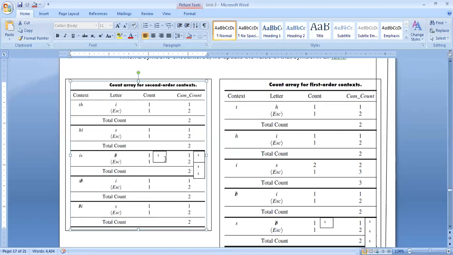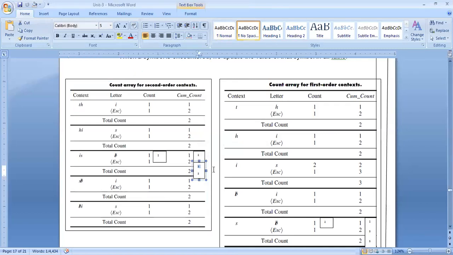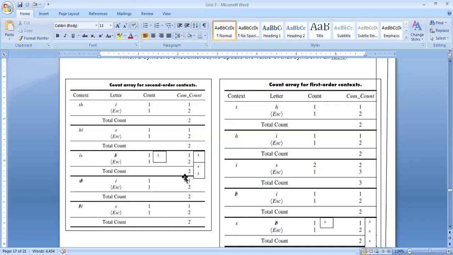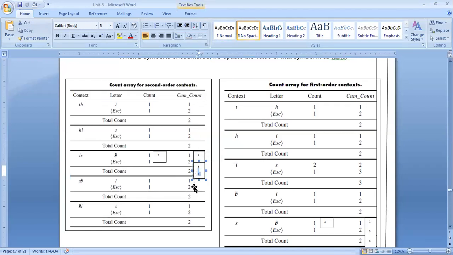Again, the cumulative count for the escape symbol was 2, and 2 plus 1 is equal to 3, so this 2 is replaced by 3. Now the total count was previously 2, but now the total count is 3. Fine.